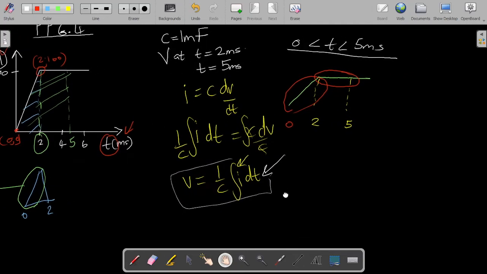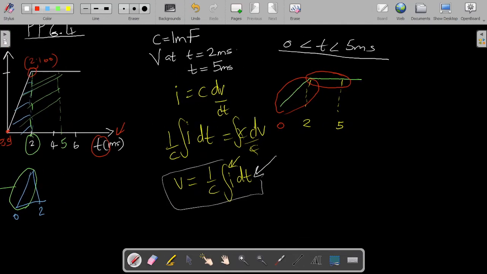But we're in luck, because when dealing with integrals, let's say you have a point A, a point B and a point C. If you want to find the integral from A to C, you can find it by saying the integral from A to B plus the integral from B to C. So that is exactly what we're going to do. Because each of the portions has different formulas, we're going to separate them.